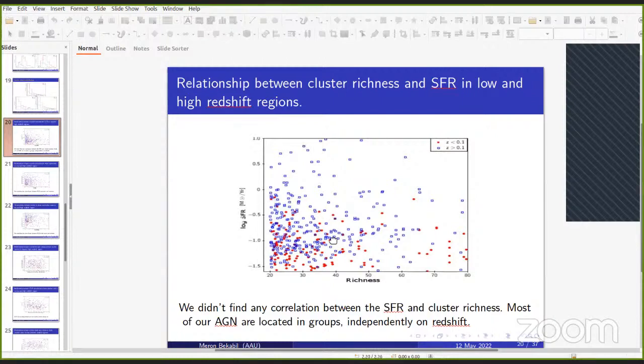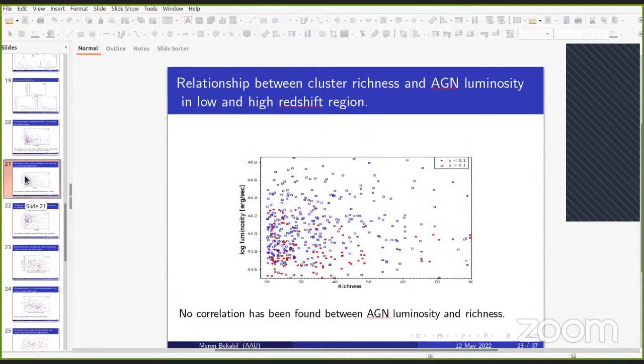Most of them are found here. We expected something a little different, but we didn't find any correlation between them. So this shows us our AGNs are basically located in galaxy groups. It doesn't depend on the redshifts, because at high redshift and even at low redshift, it doesn't show any difference for us.